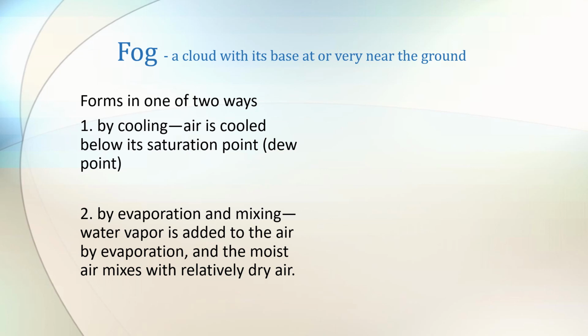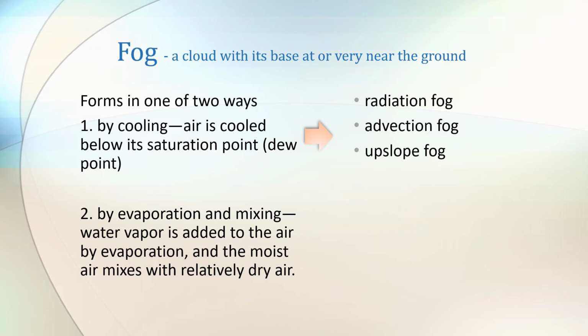Evaporation fog is the result of evaporation of water that is warmer than the surrounding air. It includes steam fog and precipitation fog, because there are different types of fogs.